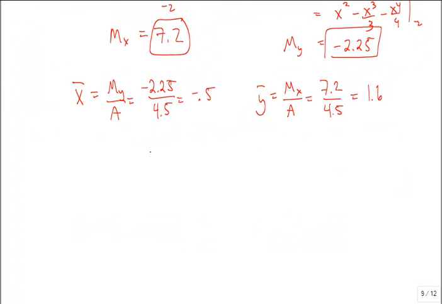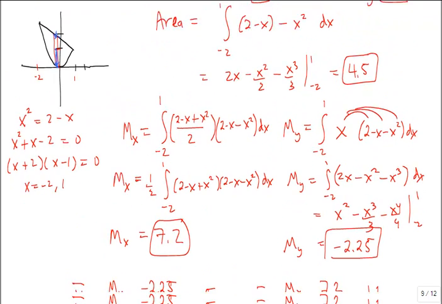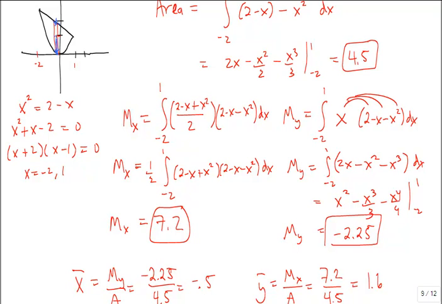So my centroid, or my center of mass, is going to be at negative 0.5, or negative a half, comma 1.6. And again, that's right about where I drew that first little dot. Okay, at about negative a half, comma 1.6. So it looks about right.